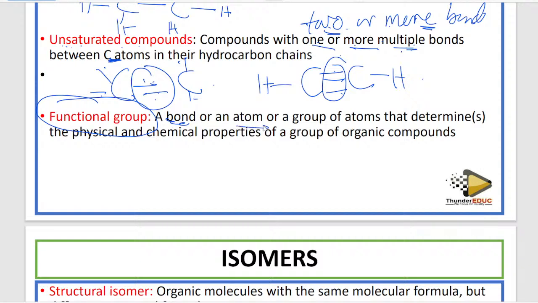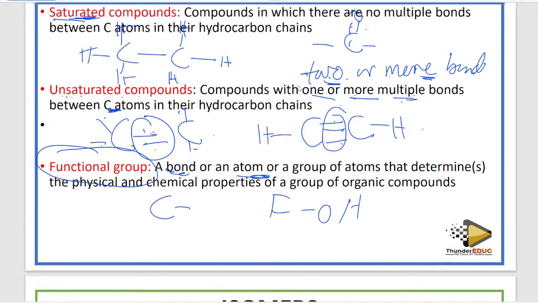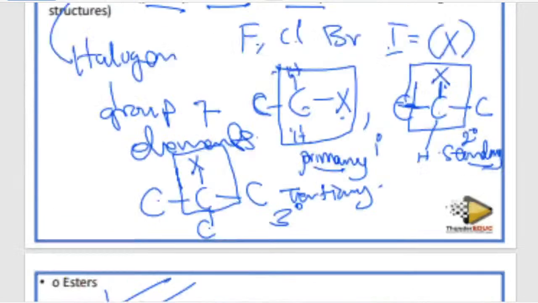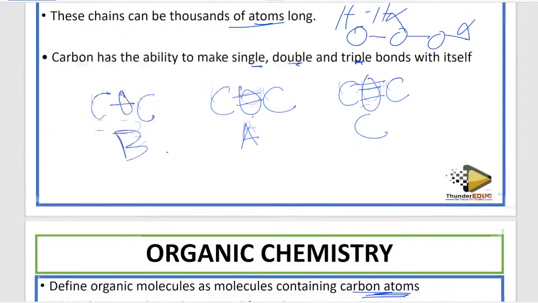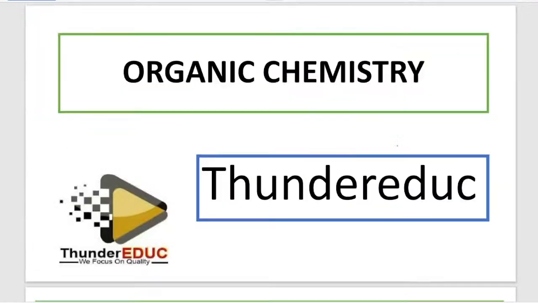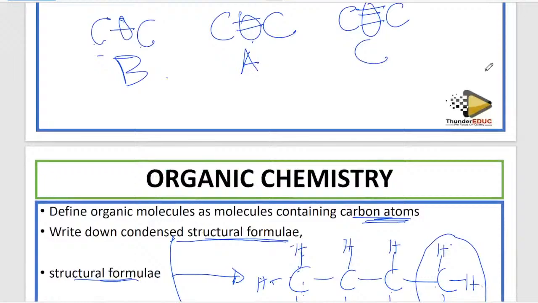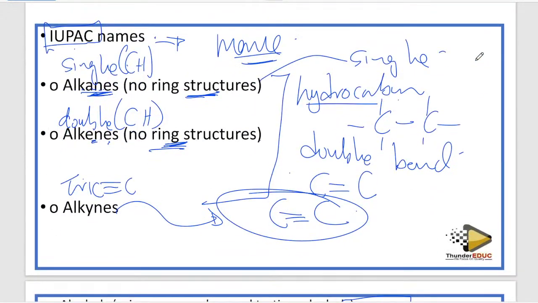It could be an atom like fluorine, or a group of atoms like OH. It could be carbon. We said the alkanes are made up of single bonds.